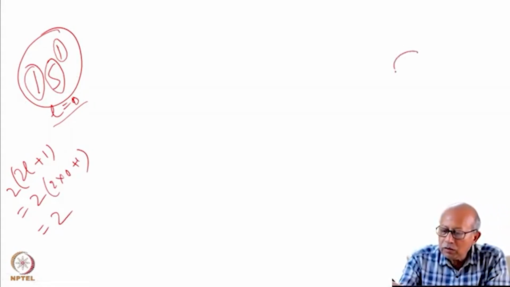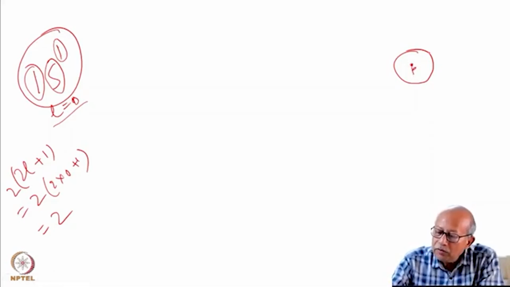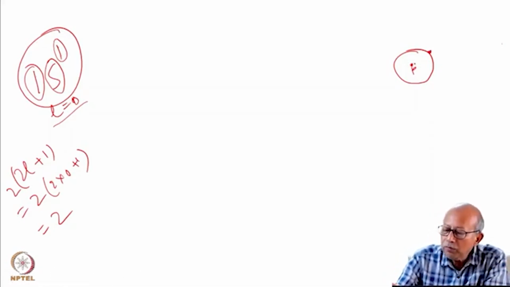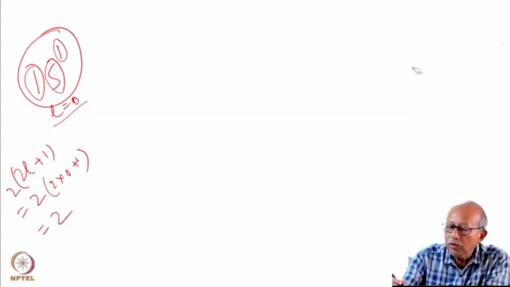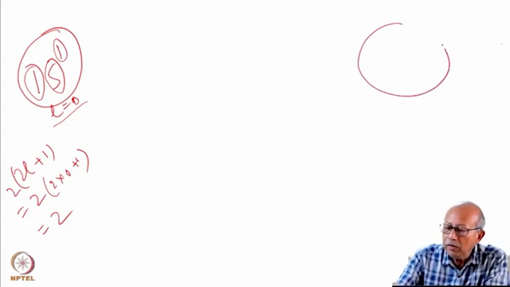So this is my hydrogen atom. This is the nucleus, which is 1 proton, and this is the electron, which is orbiting the proton. And suppose the radius of the orbit is r0. Let me draw it a little bit.